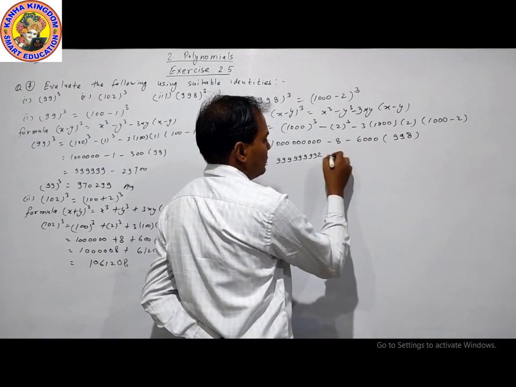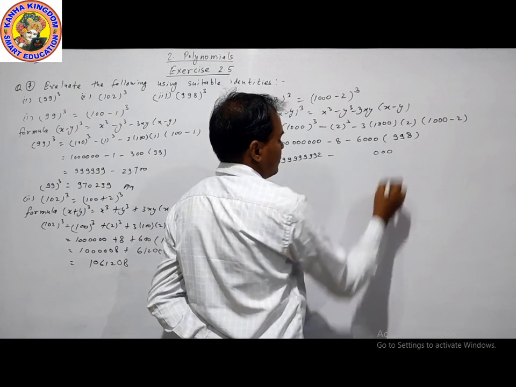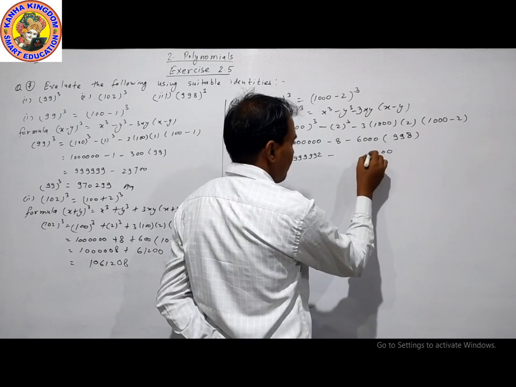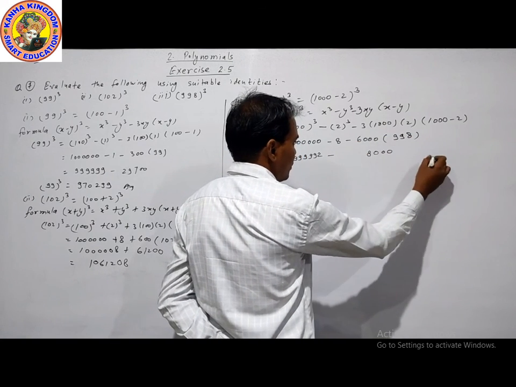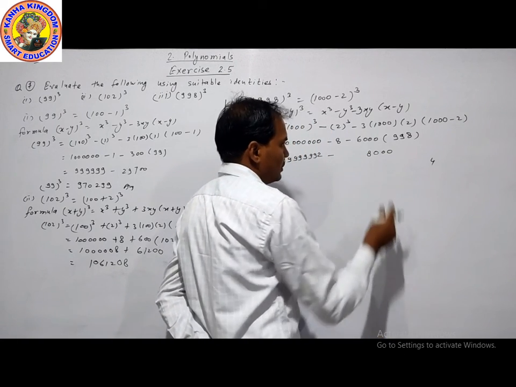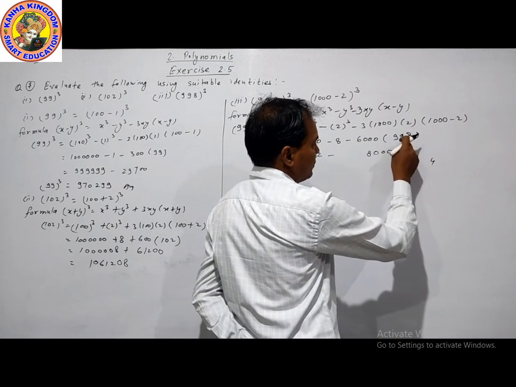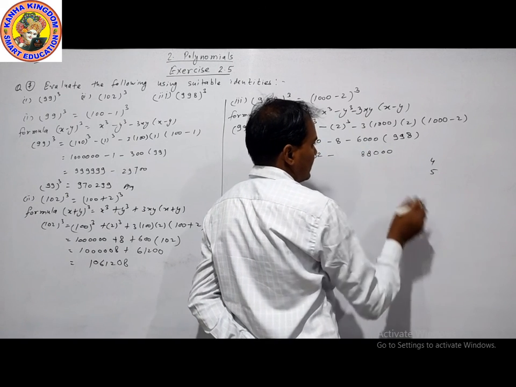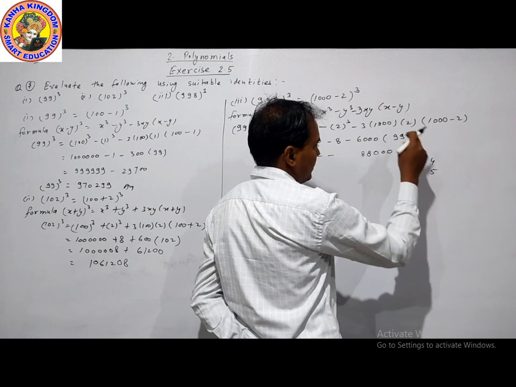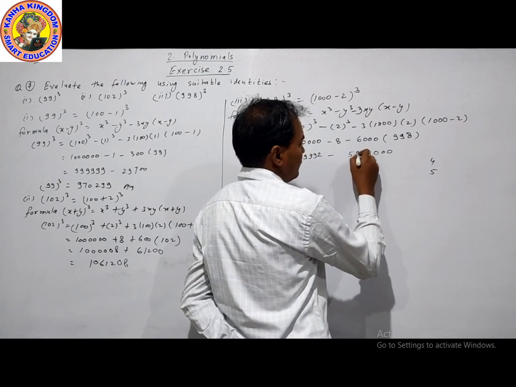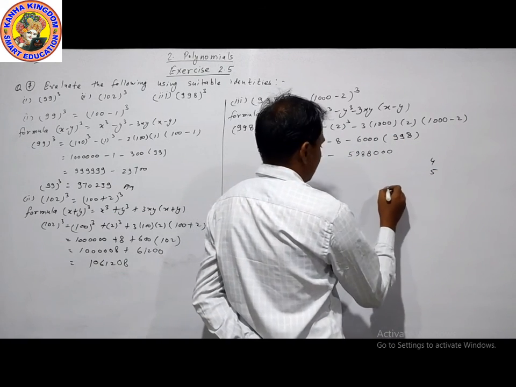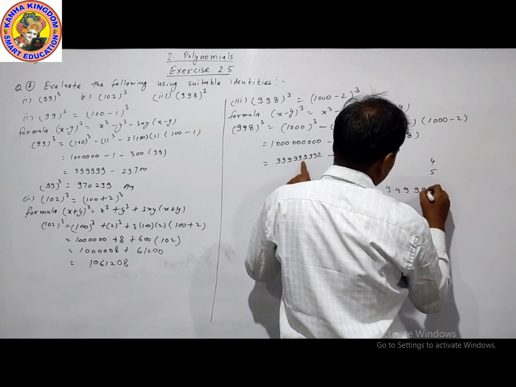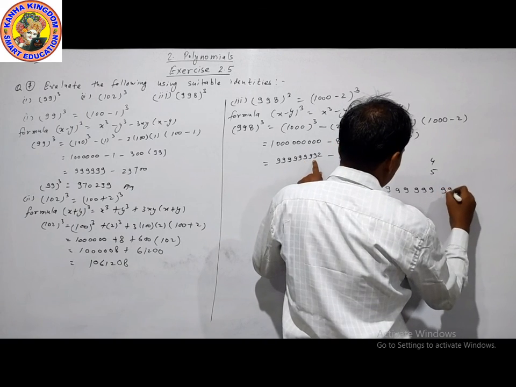Here, first of all, 6000 times 998. Now multiply by 6: 6 into 8 is 48. Now 6 into 9 is 54, 54 plus 4 is 58. 6 into 9 is 54, 54 plus 5 is 59. So 5988000.